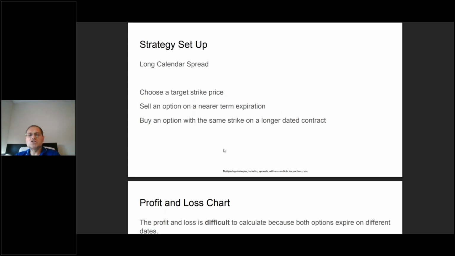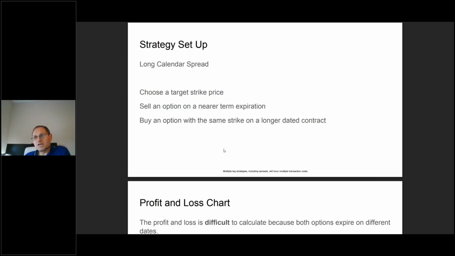To set up this strategy, it involves buying one option at one expiration and selling an option in a different expiration with the same strike. So when we think of vertical skews, it's same expiration, different strikes. This is same strike, different expirations.